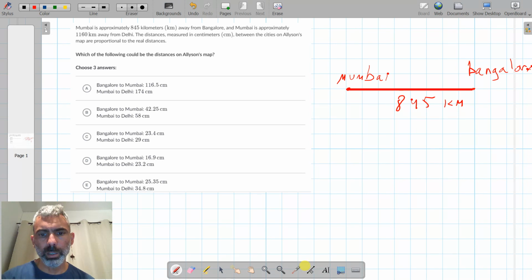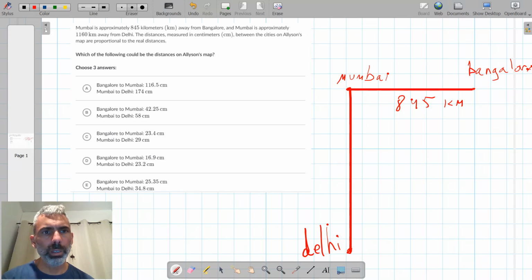So let's say Delhi is somewhere down here. This should be longer. So this is Delhi, and this segment here is 1,160 kilometers.